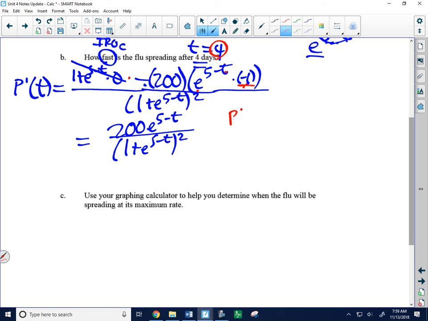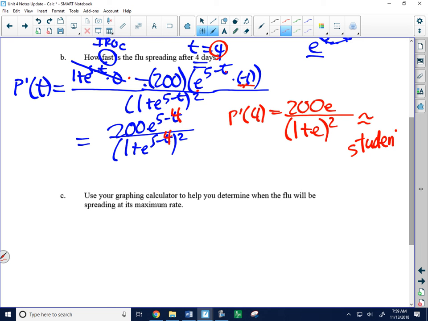So now I'm just doing p prime of 4. So 200, I'm plugging in 4, so this is going to be e to the 5 minus 4, e to the 1. On bottom, similar, 1 plus e, because 5 minus 4 is the first power, and then squared. And then you'll need a calculator. This is going to be students.